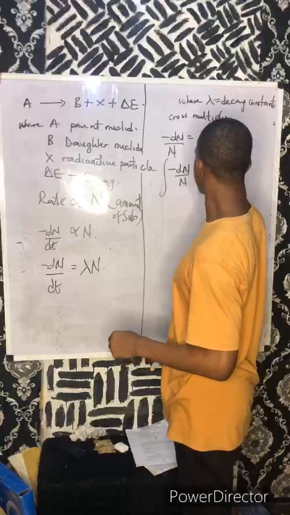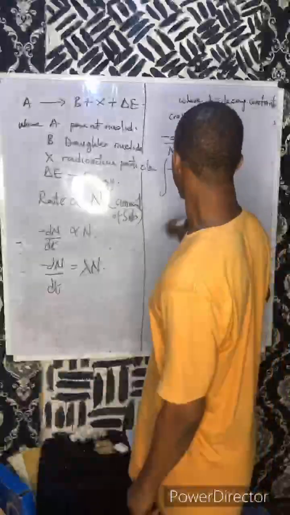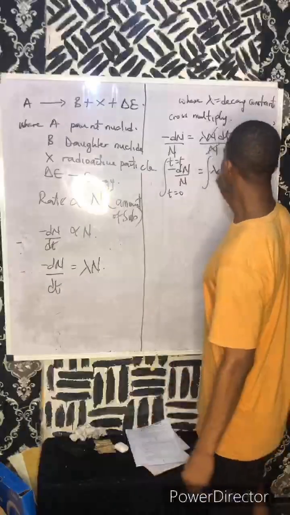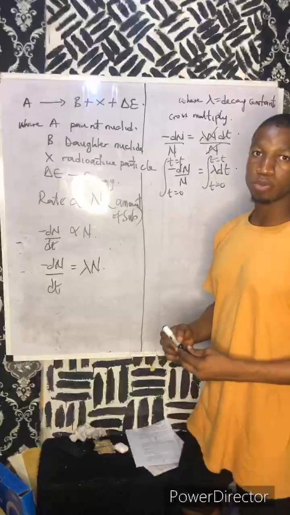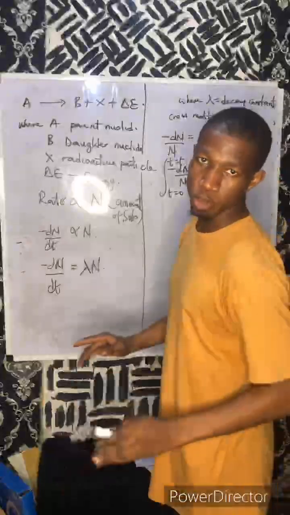So here you are integrating, with respect to two things. The first is t equals t, the second is t equals 0. Please stay with me.